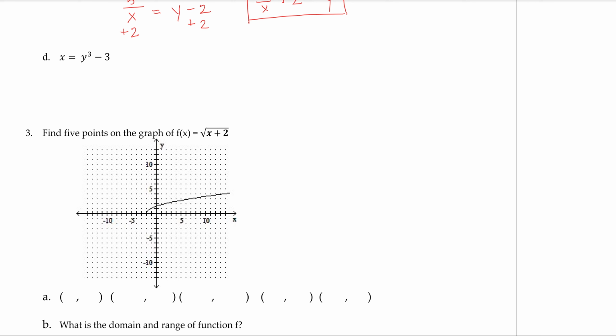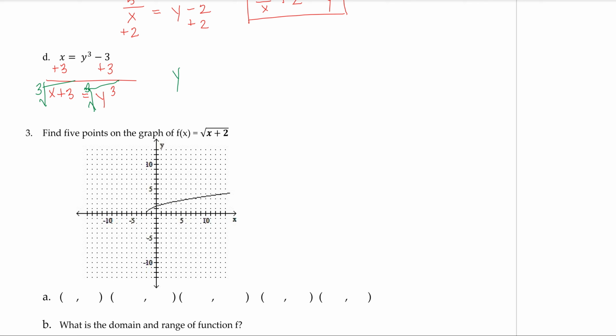All right, D, nice and easy. I have a subtraction and I have an exponent. So I'm going to do subtraction first by getting rid of it, adding it to the other side. So I have x plus 3 equals y cubed. And how do I get rid of a cube? Well, by doing the cube root.